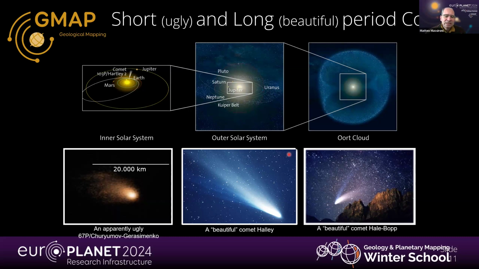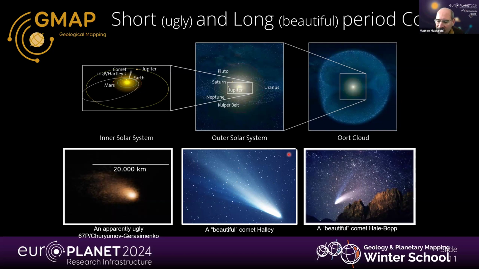We see very faint, very small tails, whereas the longer the period, for example Halley, which is still a short period comet but has a returning period of 75 years, it's very nice to see with beautiful tails.